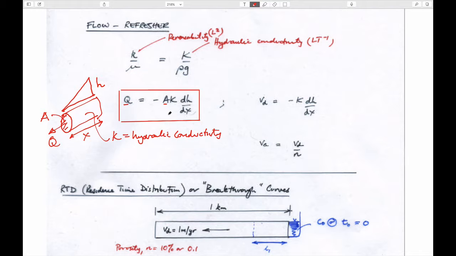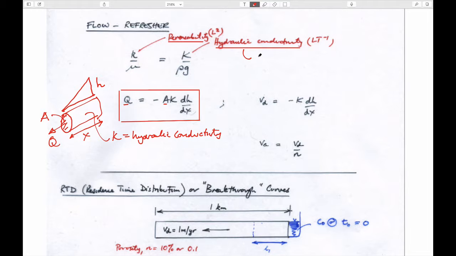Depending on whether you're working as a groundwater hydrologist or as a petroleum engineer, you will use either hydraulic conductivity, if you're a hydrologist, or, as some of you might be taking the soil physics class, if you're a soil physicist, you're probably working in terms of hydraulic conductivity, where the hydraulic conductivity has units of velocity, length over time. And if you are a petroleum engineer, then you'd probably use the property called permeability.